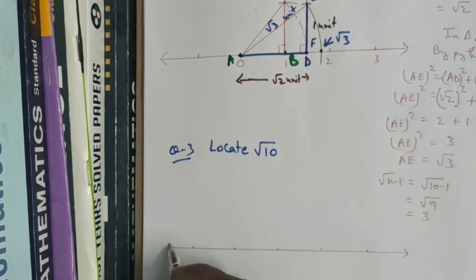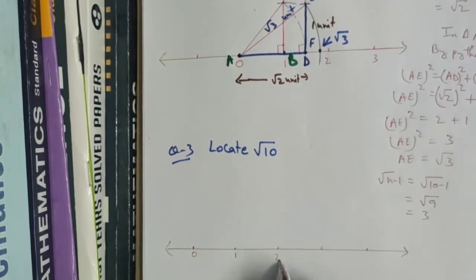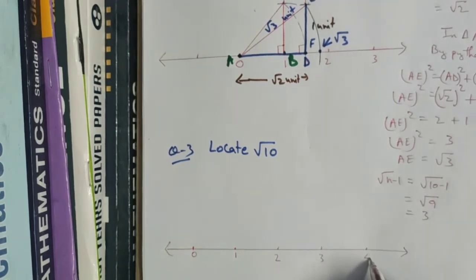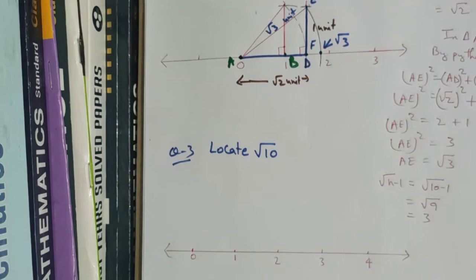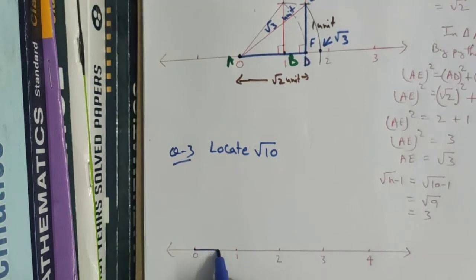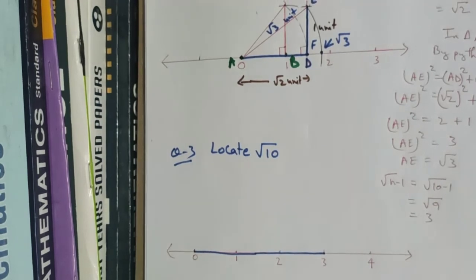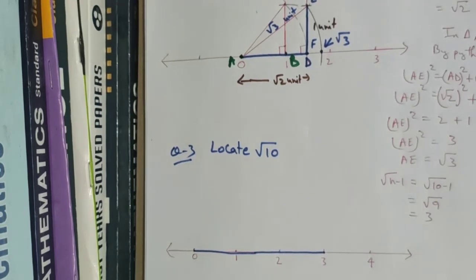Plus infinity, minus infinity. This I have taken as 0. This is 1. This is 2. This is 3 and 4. Okay. So first of all, we have to locate 3. So we don't have to do anything. From 0 to 3 it is already located. Okay. Now we have to take a perpendicular at this point.